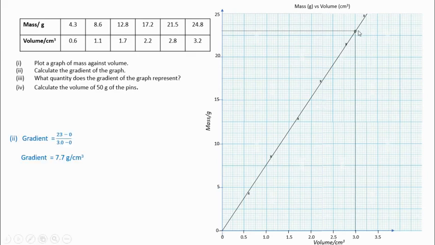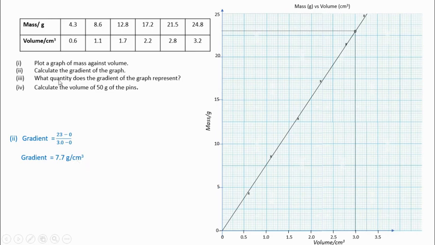The other point is here with coordinates 3 and 23 based on the scale that I'm using here. And so my gradient is 7.7. And the unit for the gradient, again, the unit on the y-axis, that's grams, divided by the unit on this axis, which is cm cubed. So the gradient is 7.7 grams per cm cubed.